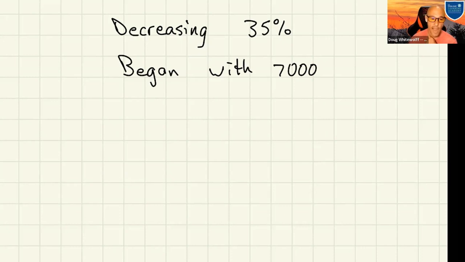And so how are we going to write the function? Well, f of x is equal to, what do you think? So the beginning value is 7,000, the starting value, that's the y-intercept. Good.